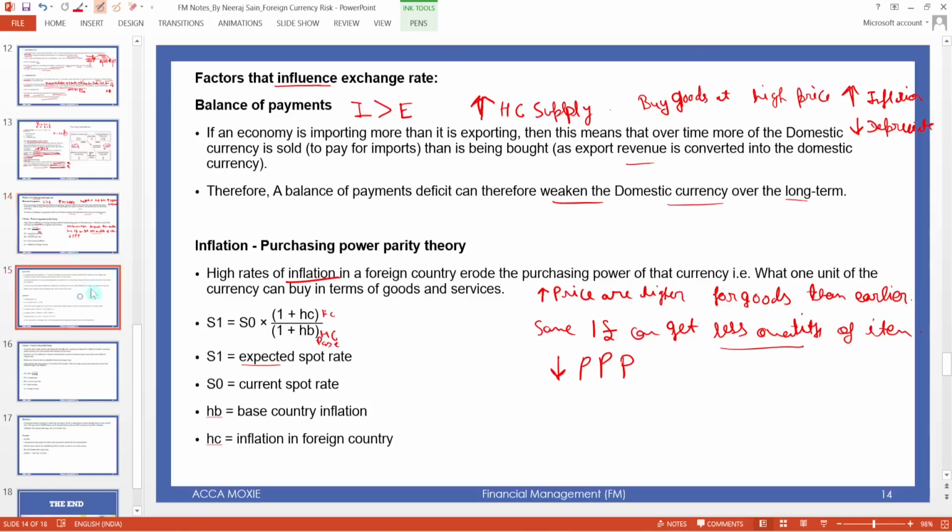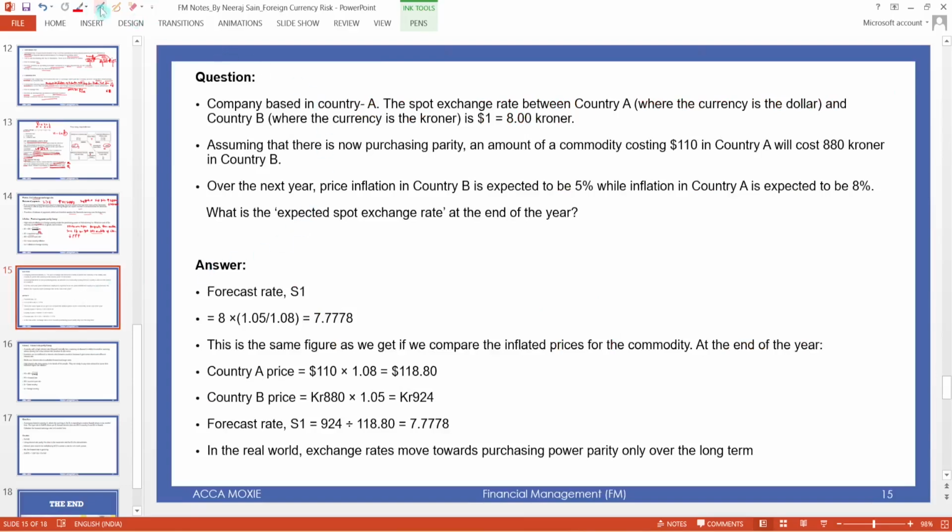Let's do one question on this so that you can understand. What is the expected spot rate at the end of the year, which means S1? A company is based in country A, and the spot exchange rate between country A, the dollar, and country B, krona: right now $1 can get 8 krona.